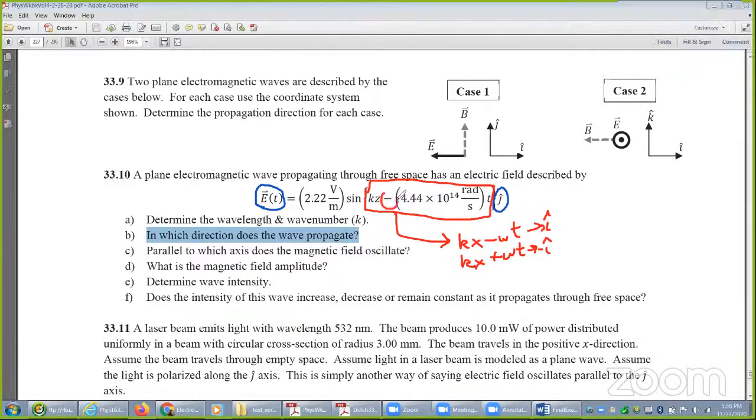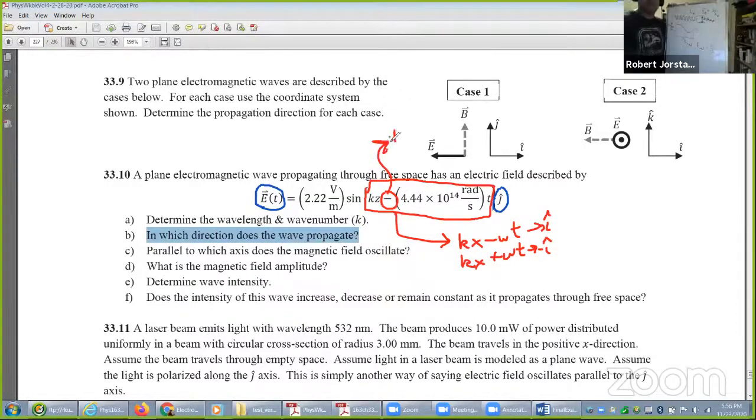So is that because of the minus sign? The minus sign means plus because physics is tricky, right? So the idea is the z is what tells you it's in the k hat. The minus is what tells you it's a positive. The standard way of writing waves is always kx minus omega t, or actually in general, wave numbers are three-dimensional vectors.